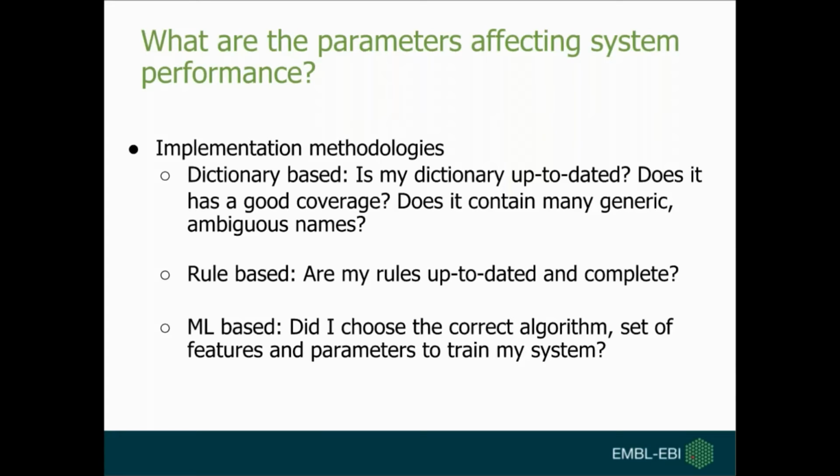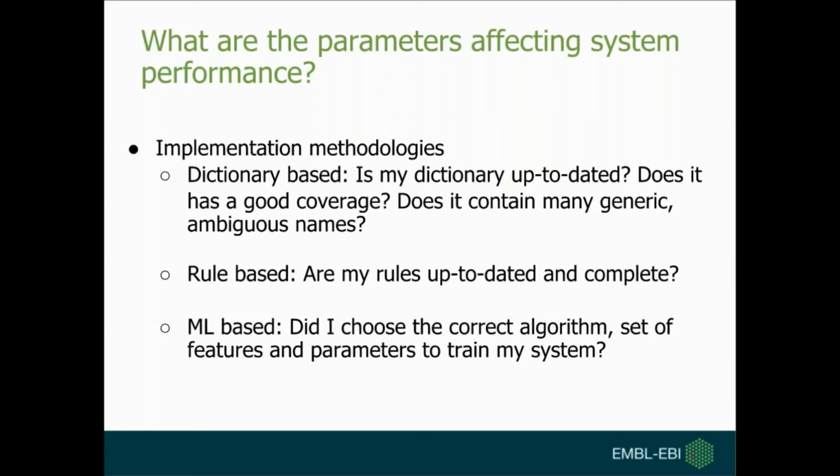Also, the quality of the entries in the resource should be considered. This resource should be screened for generic or ambiguous entries, since such entries would cause the retrieval of many false positive results. For a rule-based system, we should ensure that the generated rules are up-to-date and complete.